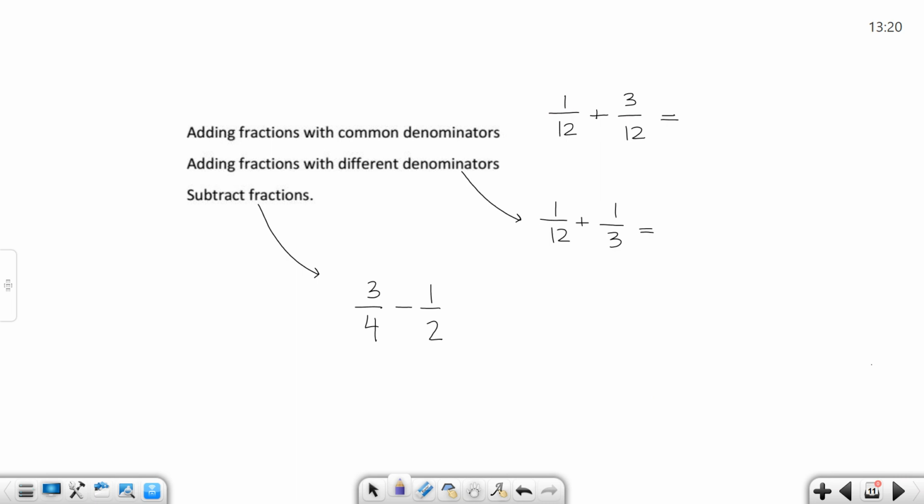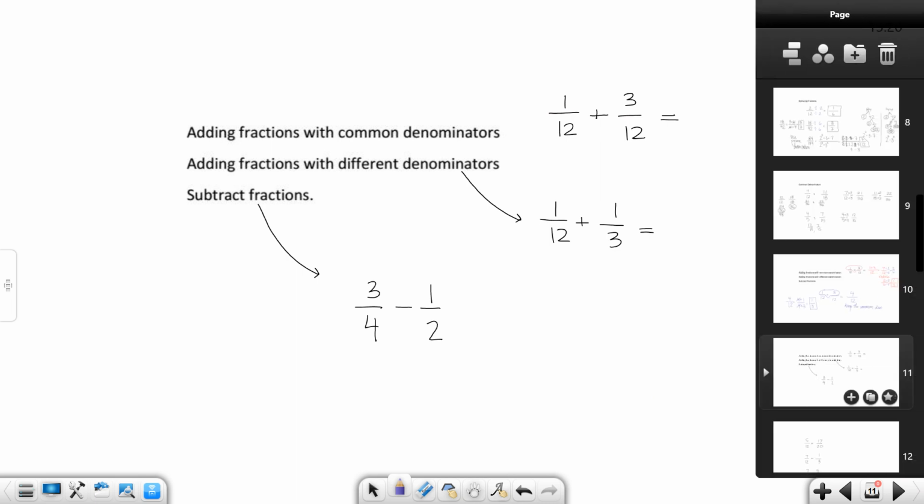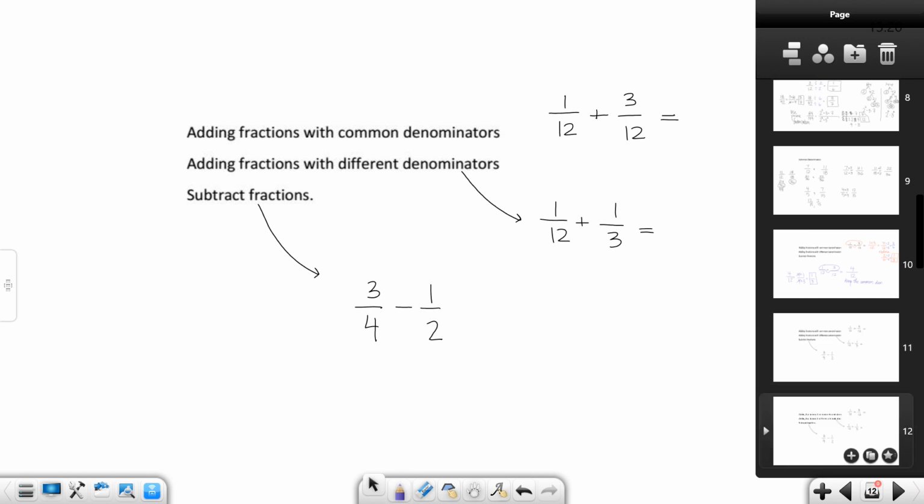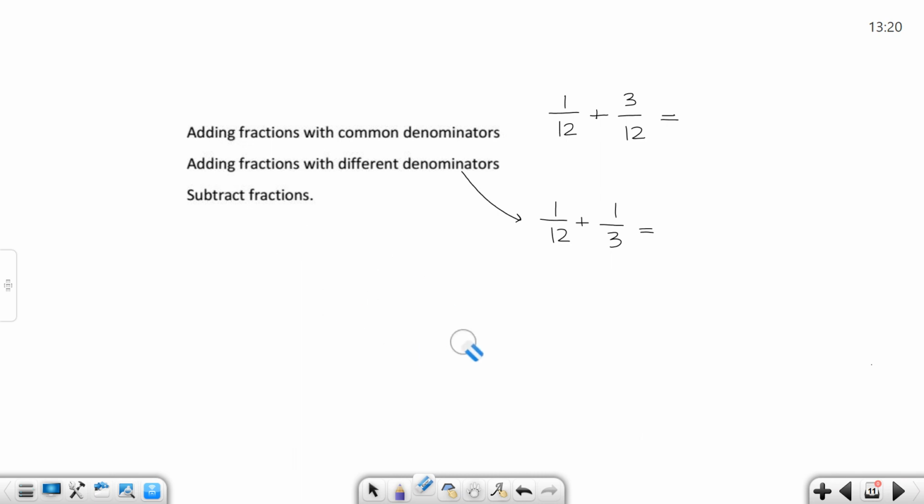Okay, the second one is what happens when they have different denominators. You cannot add them with different denominators.